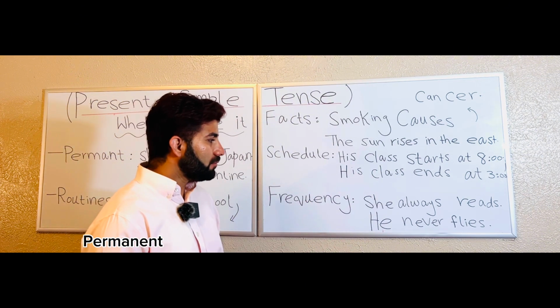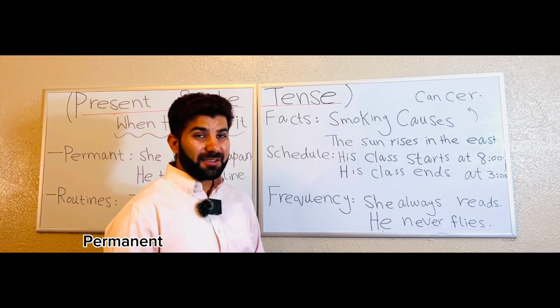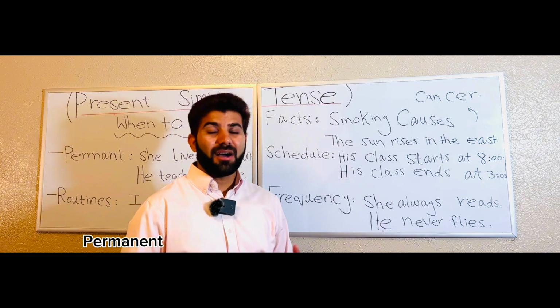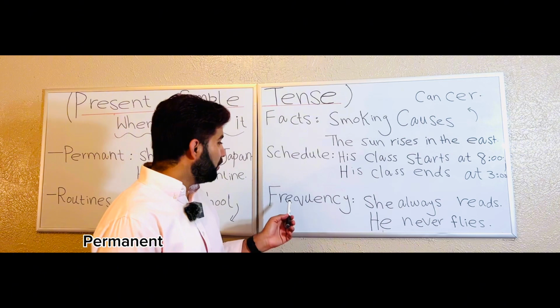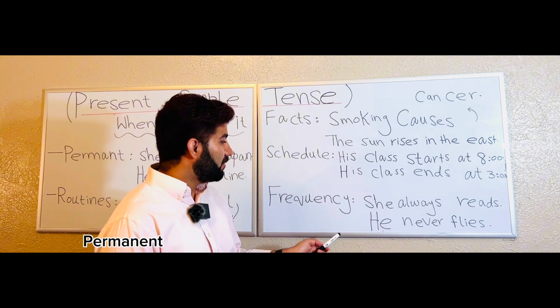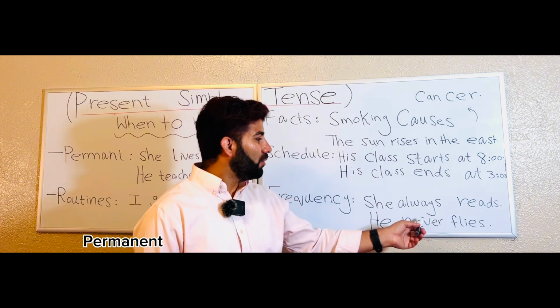Frequency. If something happens with frequencies like never, always, often, rarely, then we use the simple present tense or present simple tense. For example, she always reads.